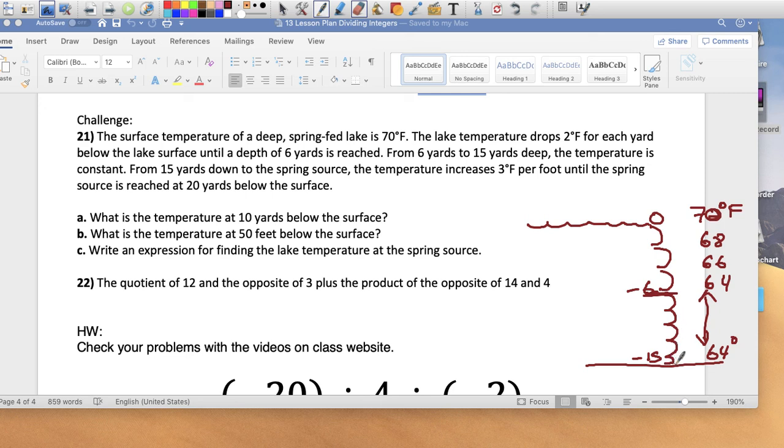From 15 yards down, so from negative 15 to the spring source, the temperature increases 3 Fahrenheit per foot until the spring source is reached at 20 yards below the surface. So 20 yards times 3 gives me 60 feet.